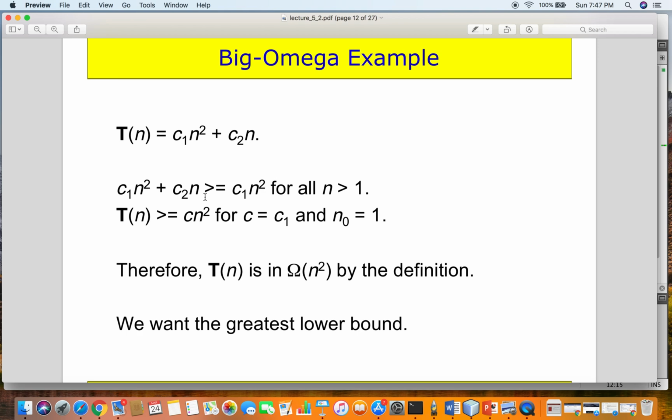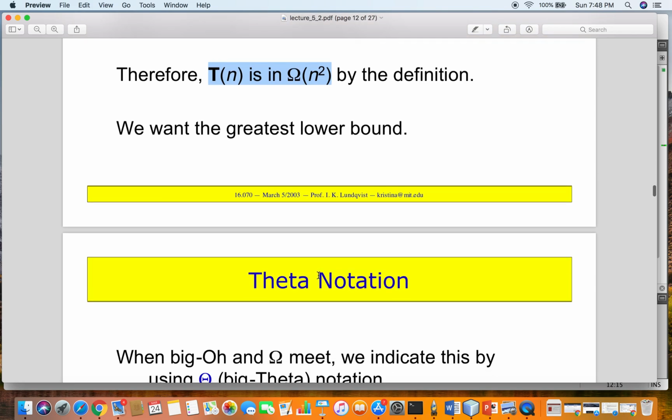So we have to write it in the same class which is closer to this, so that is n squared. We have to guarantee that we meet this condition, plus it should be the greatest lower bound. So the maximum thing that we can write here is c1 n squared. Therefore T(n) is in Omega(n squared) by definition.